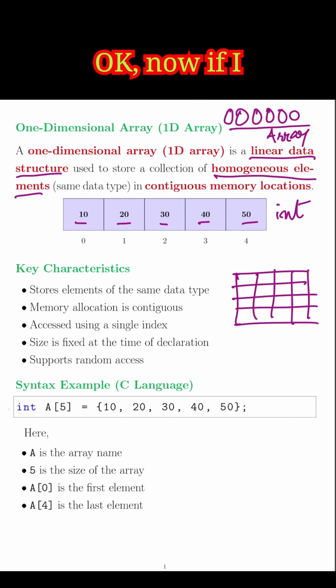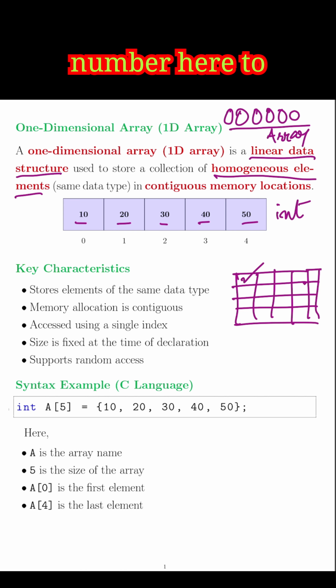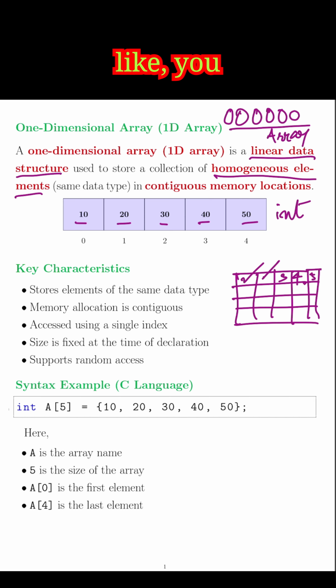Now if we have five values in an array, it will be stored in contiguous memory location. That means back to back, one number here, second number here, third number here, fourth number here, and fifth number here. It is not going to store like one number here, second number is here, third number is here, fourth is here, and fifth is here. No, it is not possible.